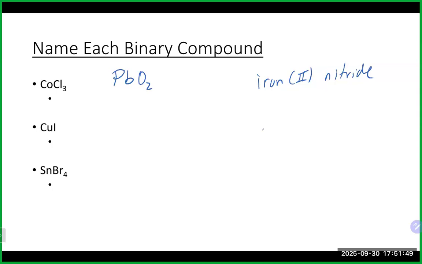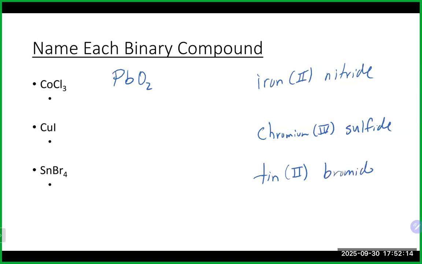Let's do chromium(IV) sulfide. And let's do tin(II) bromide. All right, so names on the left, formulas on the right. See what you come up with.